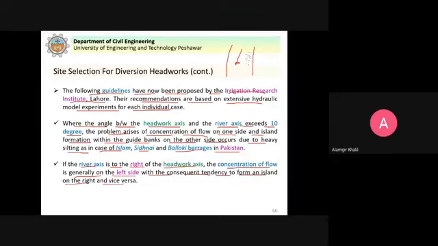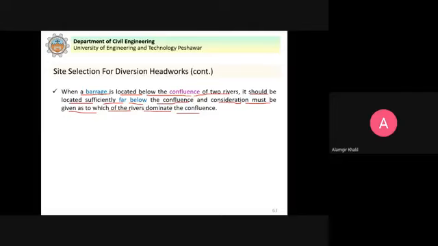When a barrage is located below the confluence of two rivers, now two rivers meet, it should be located sufficiently far below the confluence and consideration must be given as to which of the rivers dominate the confluence. So the site should be located sufficiently far below the confluence and consideration must be given as to which of the rivers dominate the confluence.